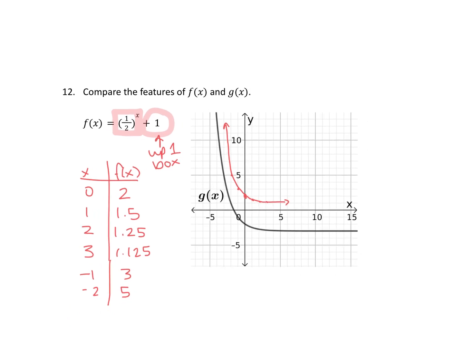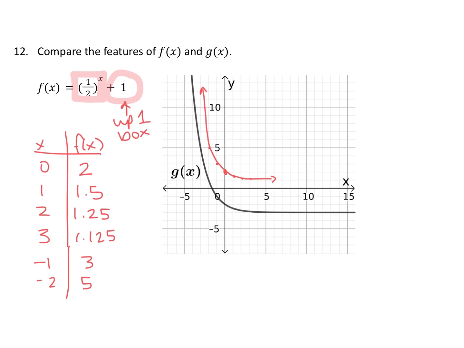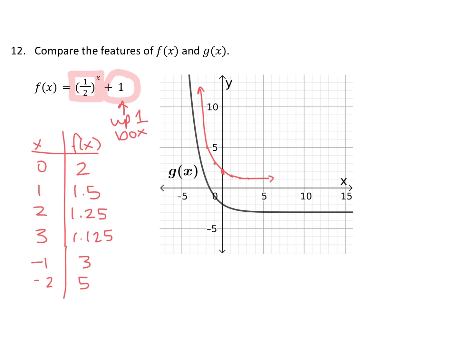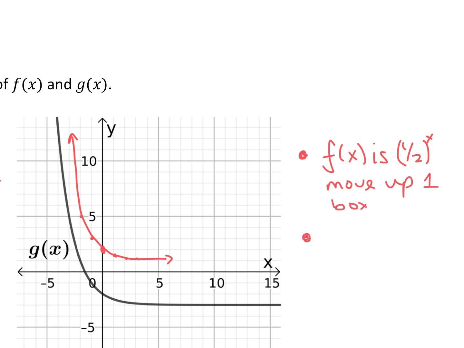All right, so let's write our comparisons. So let's write something about f of x. So f of x is basically 1/2 to the x power, but moved up 1 box. So let's write that. So first comparison: f of x is 1/2 to the x power moved up 1 box. Okay. What about g of x?